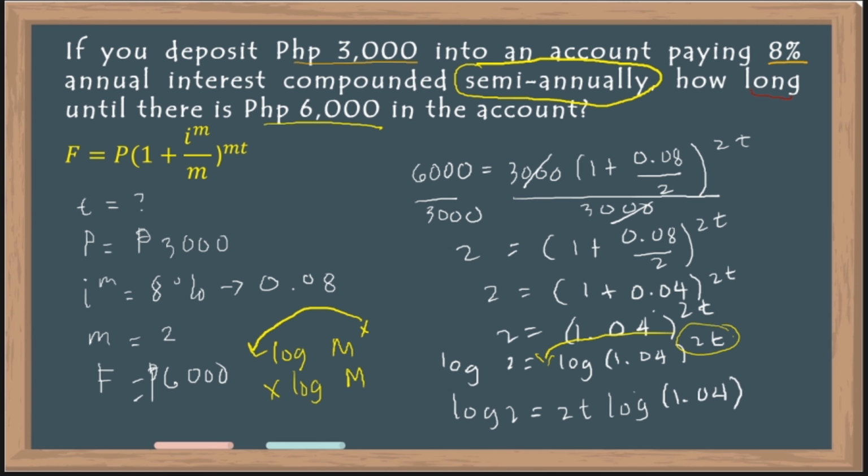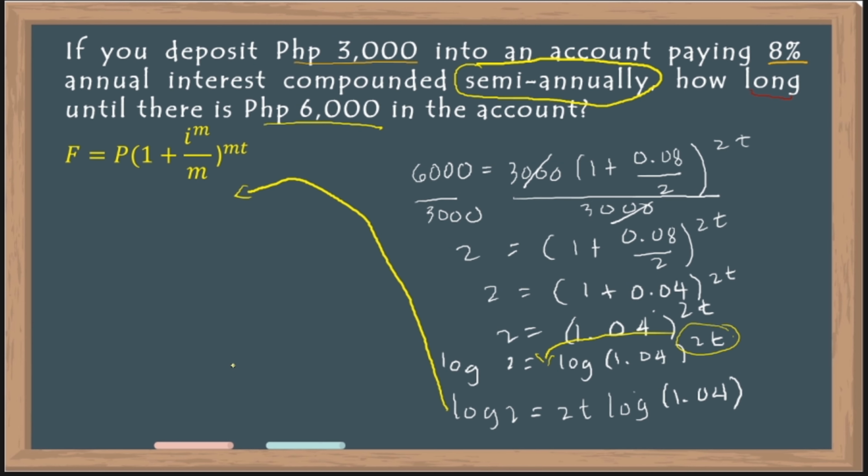Okay? Now, I think we have to erase this one, no? Kasi hindi na kasya yung space natin. So, logarithm 2 is equal to 2t. Kopyahin ko lang, logarithm 1.04.